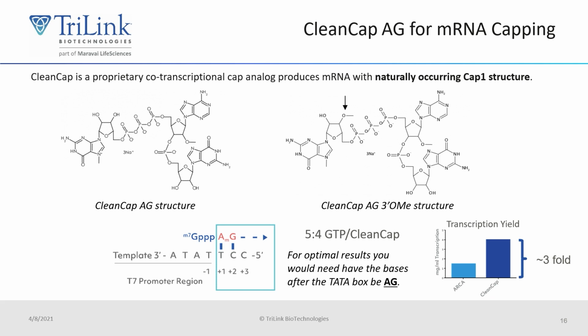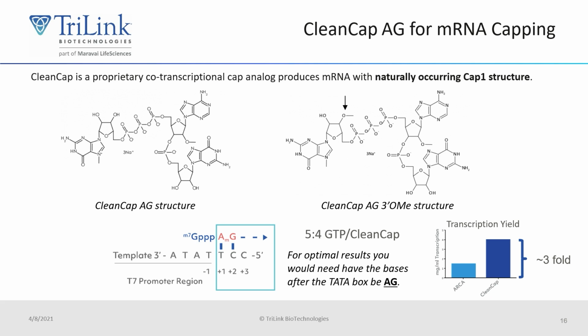That AG, or adenosine guanosine sequence, is the preferred embodiment for CleanCap technology, as adenosine triphosphate, or ATP, is not a particularly good substrate for T7 RNA polymerase. The enzyme preferentially incorporates CleanCap over ATP in that start position to initiate the transcription reaction.